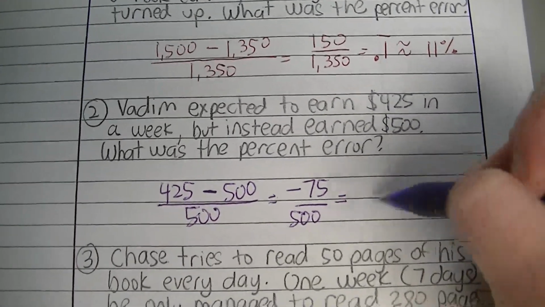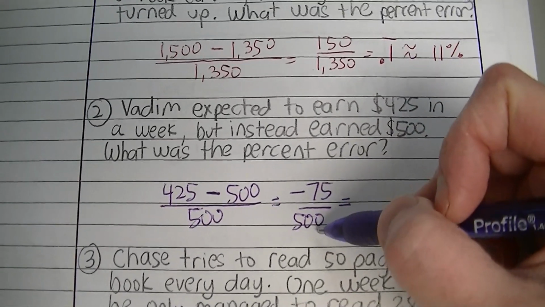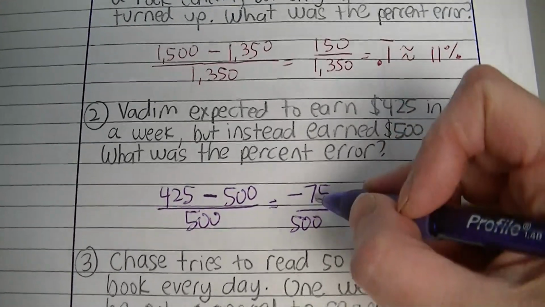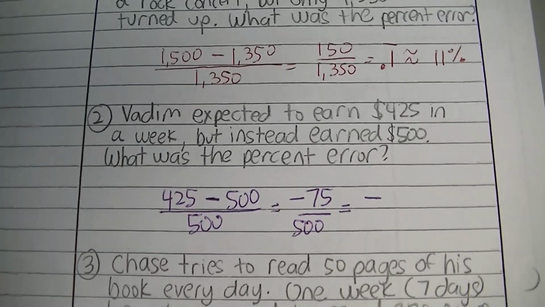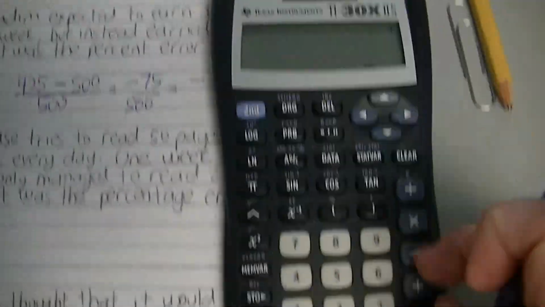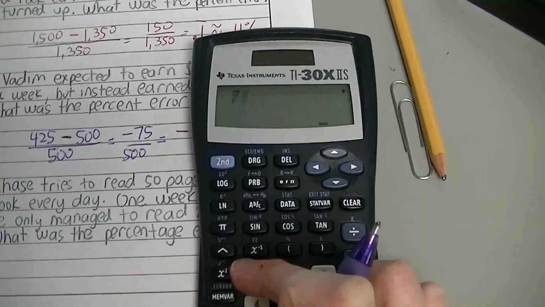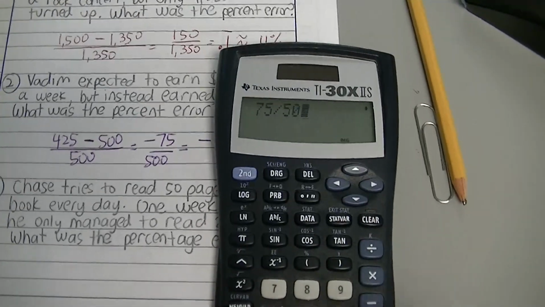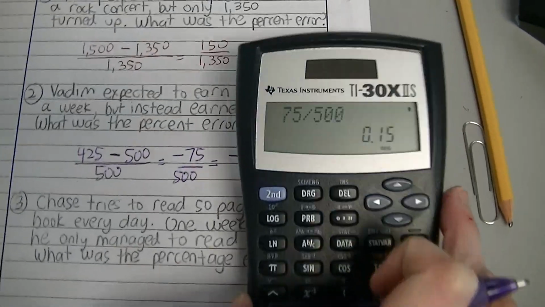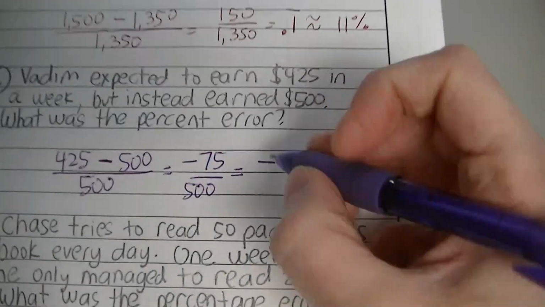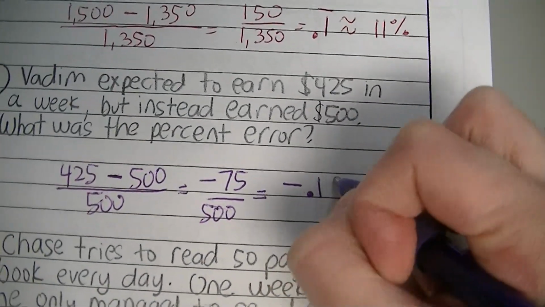Now we're going to go ahead and find the decimal version of the percent. Now I don't have to type in negative 75 divided by 500 in my calculator if I already know that a negative divided by a positive is going to give me a negative answer. So that kind of just saves me a little bit of time on the calculator. So 75 divided by 500 is 15 hundredths, so it'd be a negative 15 hundredths.